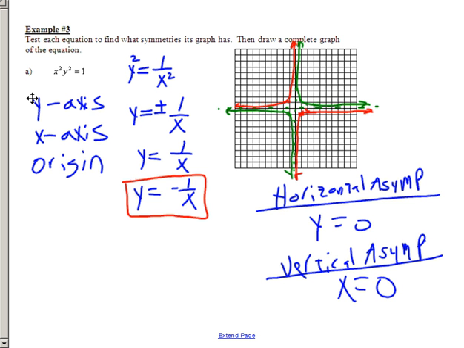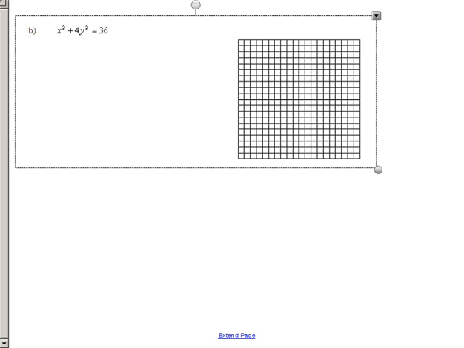We could fold this graph over the y-axis and get the same, and they would overlap. That's why we have y-axis symmetry. But we could also fold this around the origin, and the graphs would overlap as well. That's why we have symmetry about the origin, all three types of symmetry. Let's take a look at this one. Very similar.